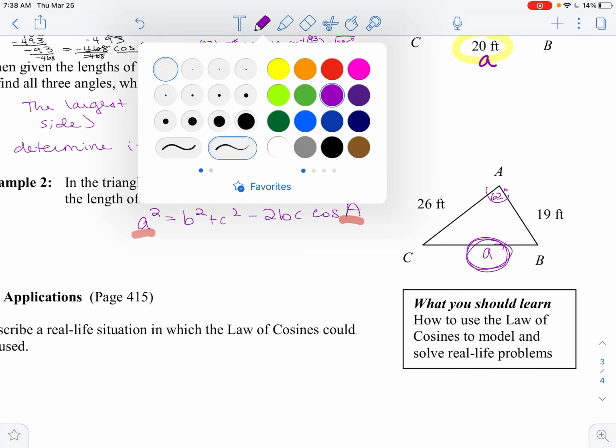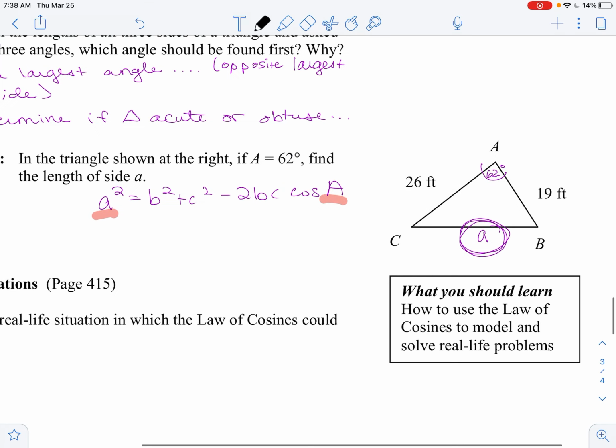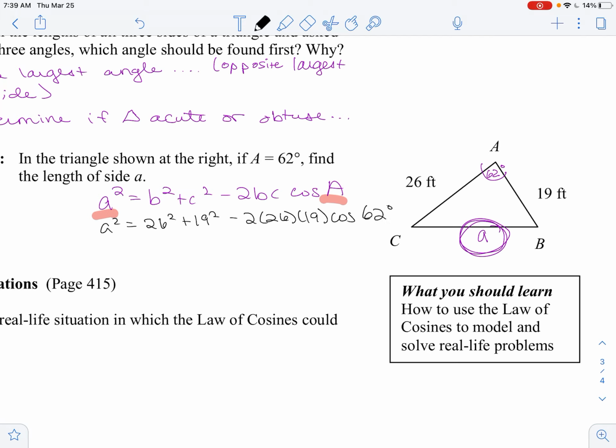So let's plug in what we have. Again, we're looking for side A. We've got side B is 26, side C is 19, and we go 2 times 26 times 19 times the cosine of angle A, which is 62 degrees. This is a lot easier this time because we can literally put this into the calculator just like this, and we'll get this really nice, easy to use number.